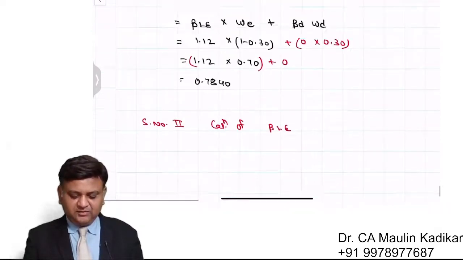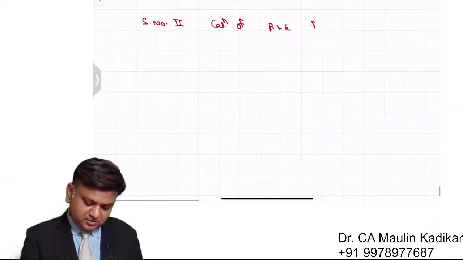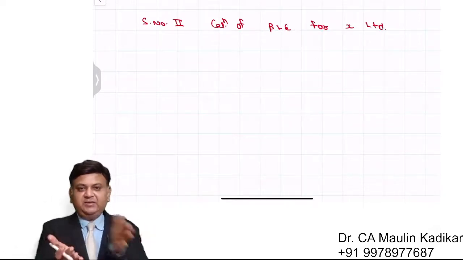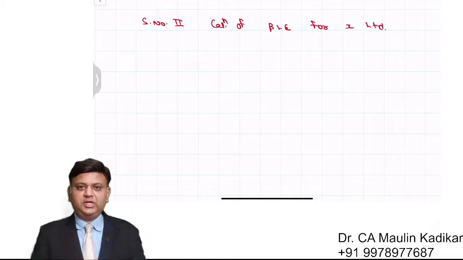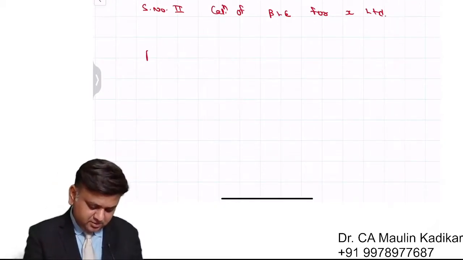So beta of levered equity for X limited. Now X limited जो नया लाइन ऑफ द बिजनेस कर रहा है, उसके लिए उनका बीटा ऑफ लीवर्ड इक्विटी क्या होगा वो हमको फाइंड करना है.